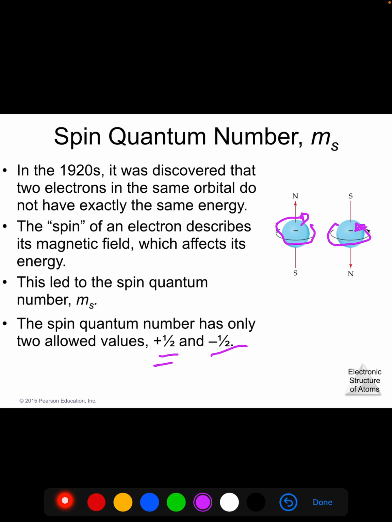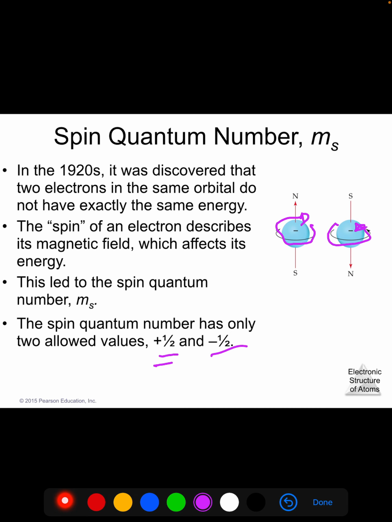These numbers are like phone numbers in the sense that you can give me those 4 numbers and you can say, okay, it's a 2. That corresponds to the second energy level, the second row in the periodic table. It's a 0. Well, that corresponds to the s orbital, those first 2 columns in the periodic table.